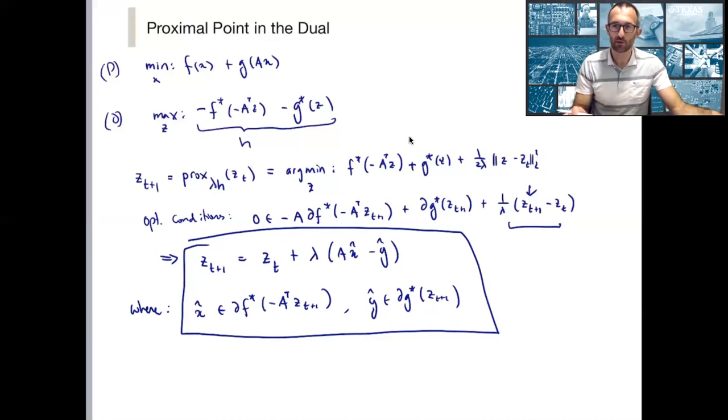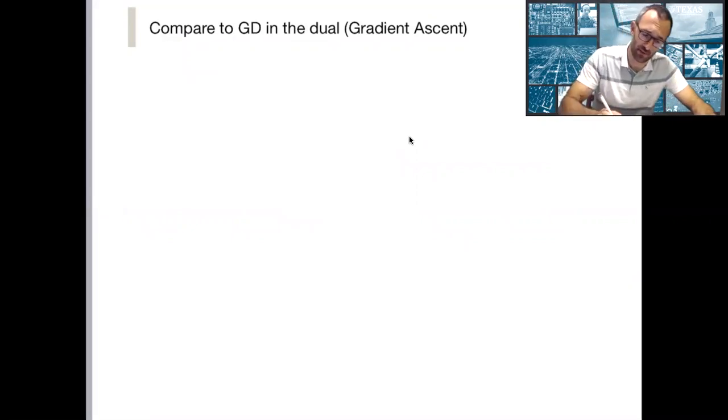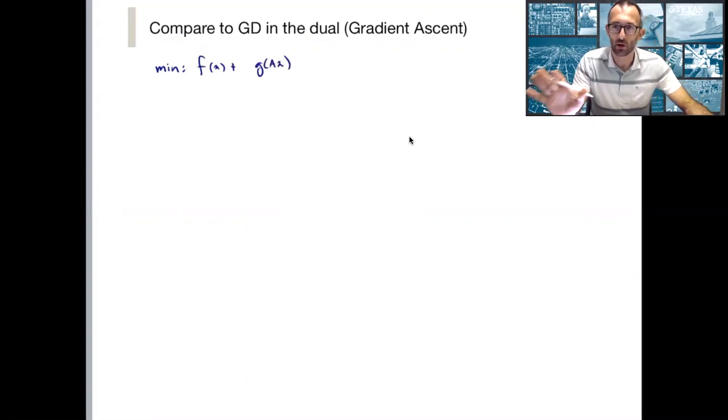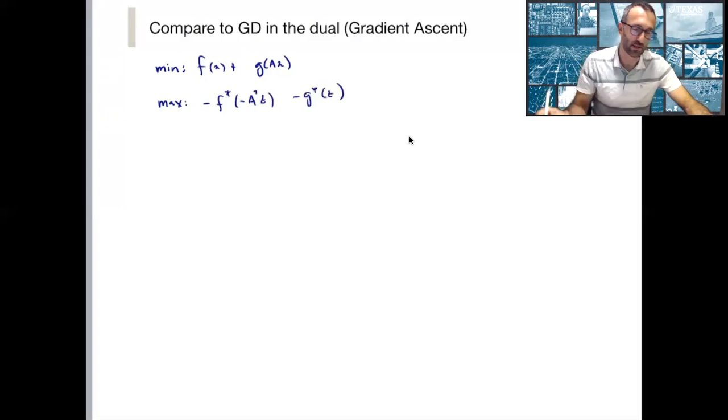Maybe this is belaboring the point, but I think it's worth doing again quickly what we had for gradient ascent, so gradient descent in the dual, just so we can crisply see the difference. I'm going to go over this pretty quickly because we've seen it a number of times before. Minimize f of x plus g of Ax. I'm just copying our general framework here. Again, the dual is maximize minus f star of minus A transpose z minus g star of z.